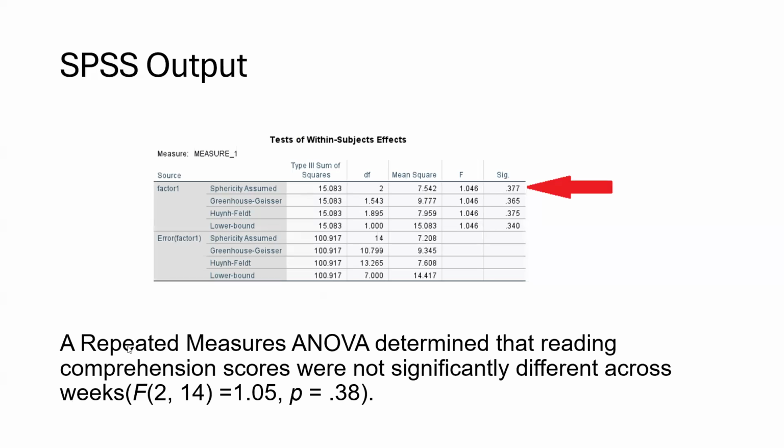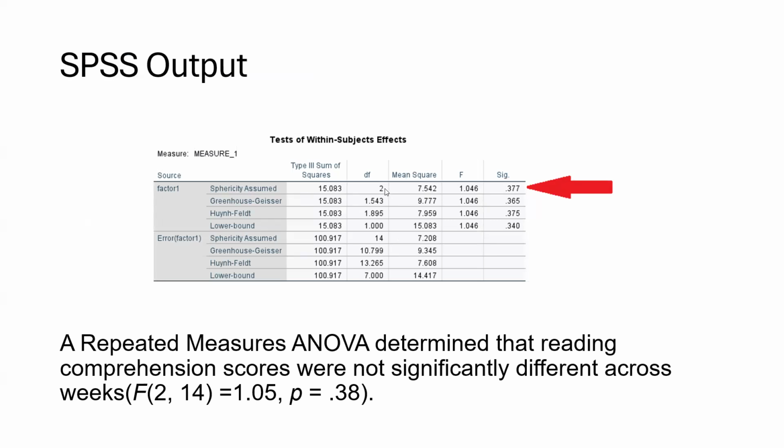So our findings would be, if we were doing it with reading comprehension, a repeated measures ANOVA determined that reading comprehension scores were not significantly different across weeks. And then here is our degrees of freedom, our F value, and our significance. And if this was the initial example that we were going through as far as it relates to existential philosophy, duration, and happiness, we would say that a repeated measures ANOVA determined that reading existential philosophy was not significantly impacting happiness.